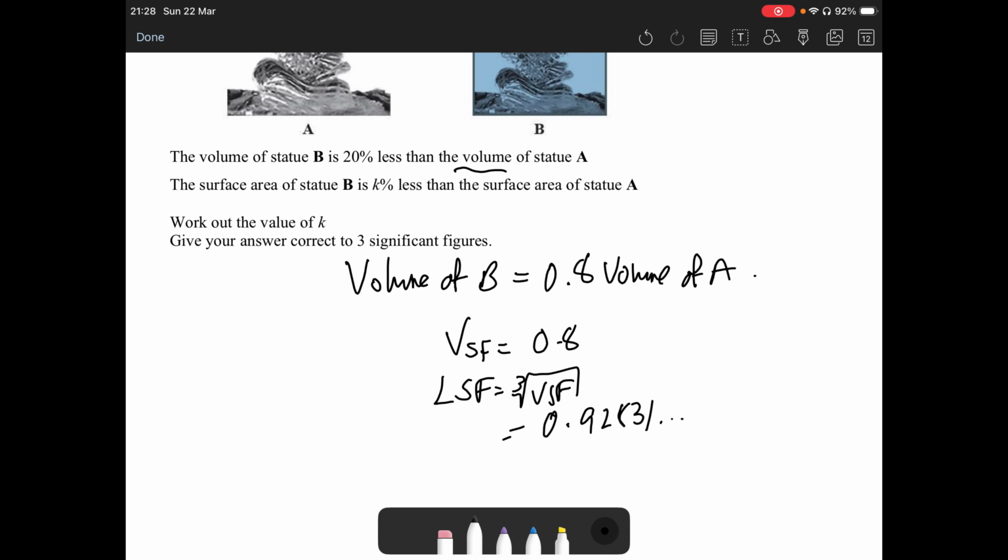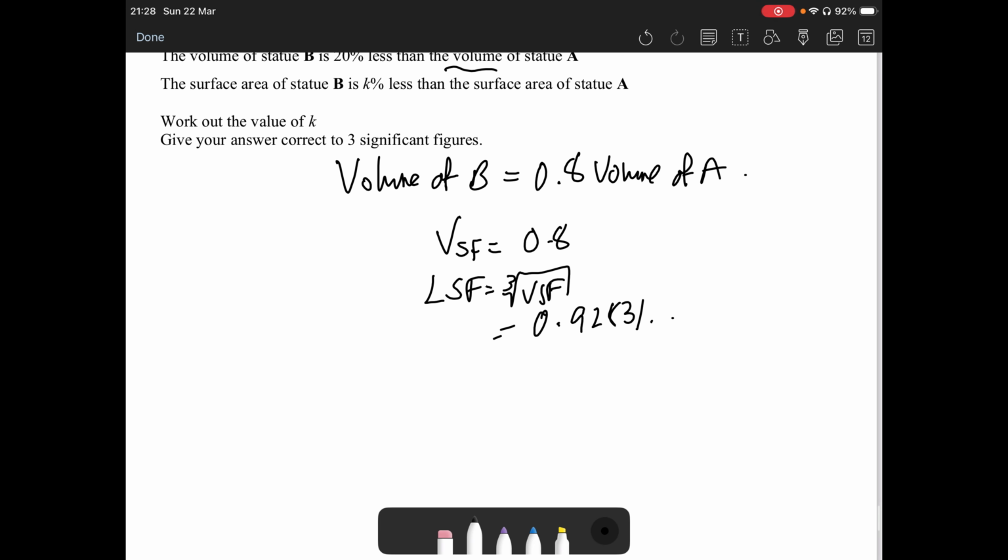So roughly 7 point something smaller. But this is about surface area, so we need to work with this.